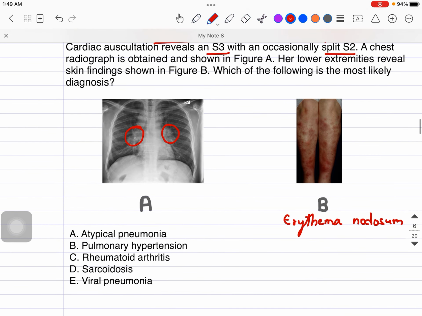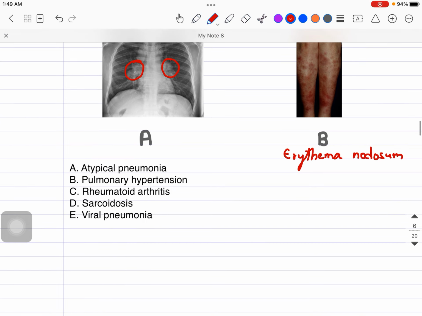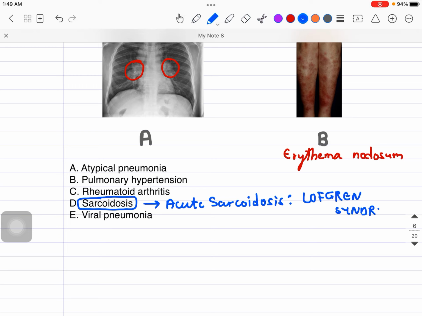So the diagnosis will be sarcoidosis, the answer will be sarcoidosis, but if you are asking for a very specific answer, then it is acute sarcoidosis. And to be very specific, it is Lofgren syndrome, guys. Lofgren syndrome is a subtype of acute sarcoidosis.